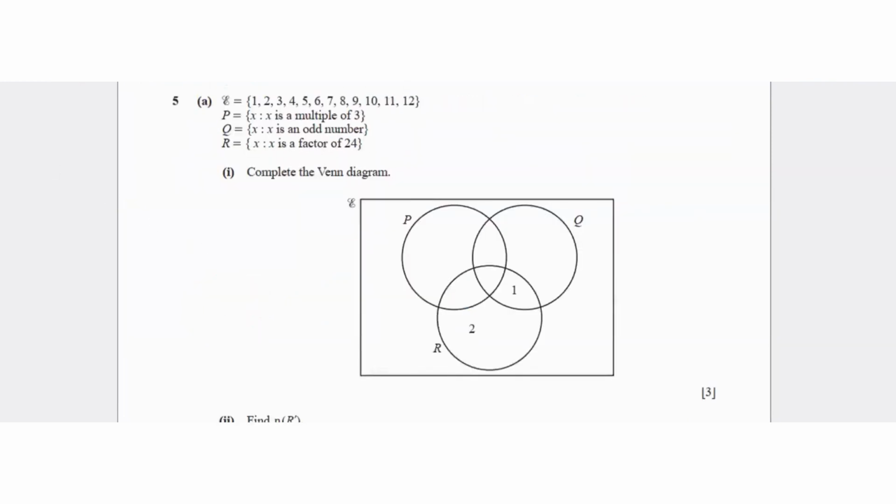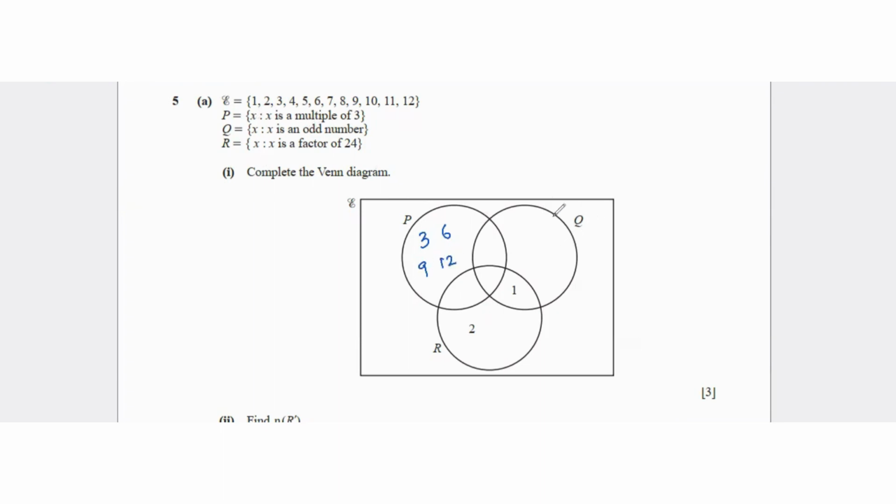For question 5, we have a Venn diagram. The universal set is values from 1 to 12. Set P is multiples of 3, Q is odd numbers, and R is factors of 24. We have to complete the Venn diagram. P, multiples of 3: 3, 6, 9, 12.